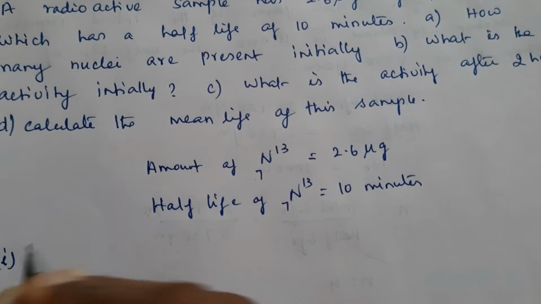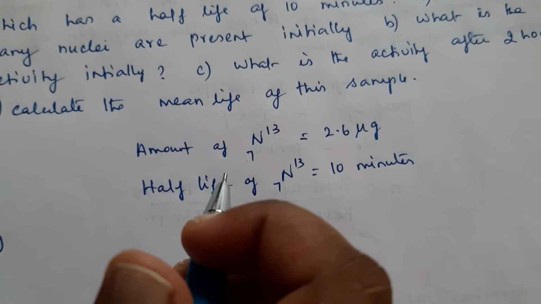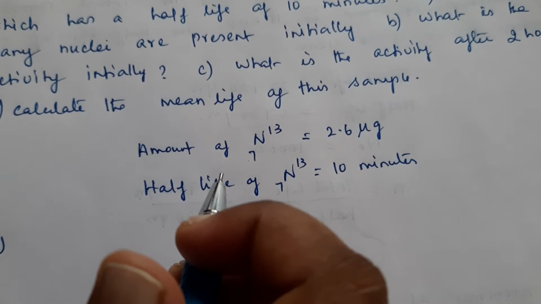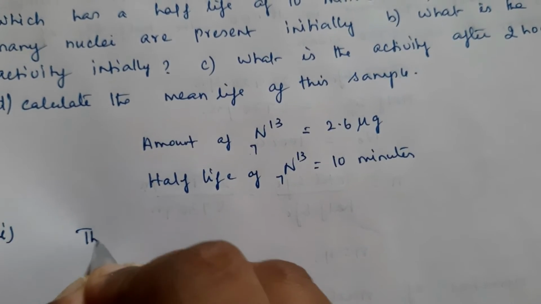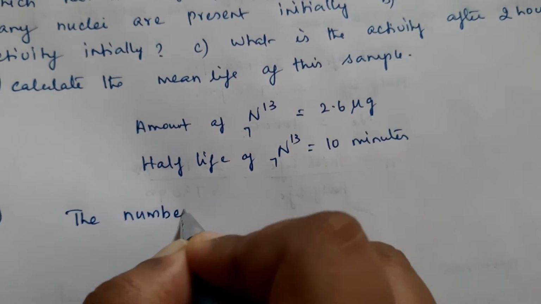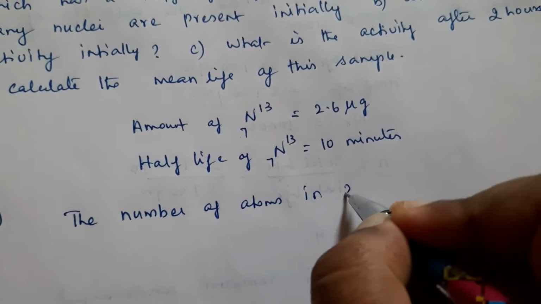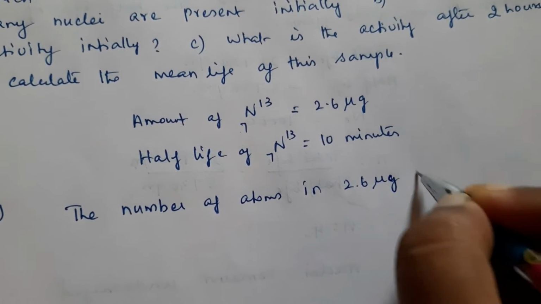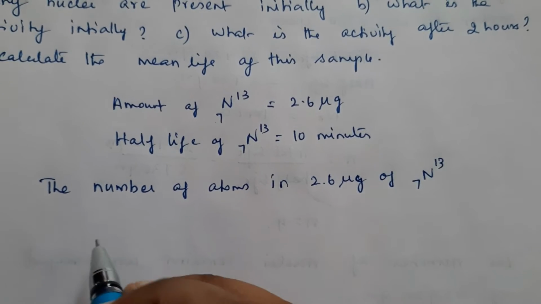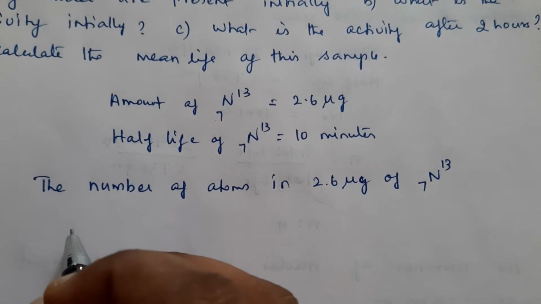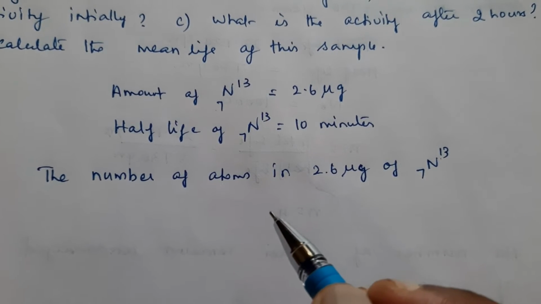So to find out how many nuclei are present initially, we have to find out the number of atoms in 2.6 microgram of nitrogen 13.7. We know the atomic mass of nitrogen is 13.